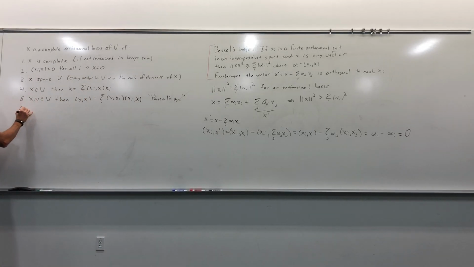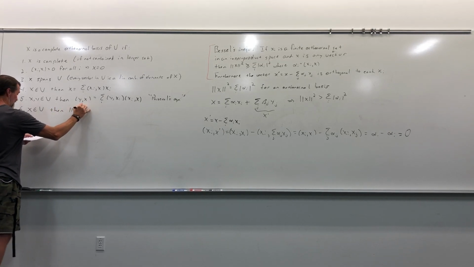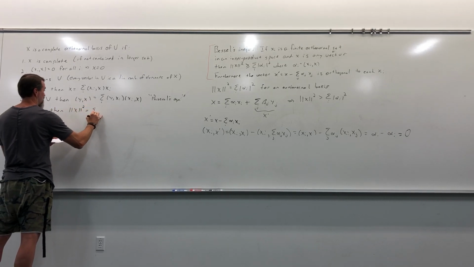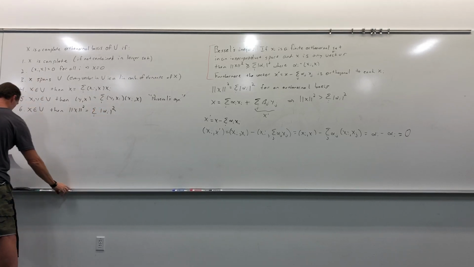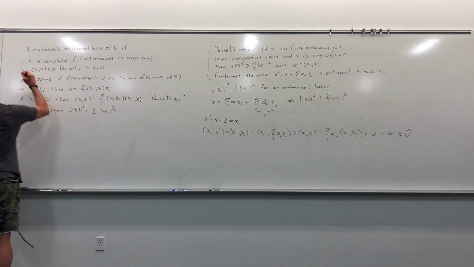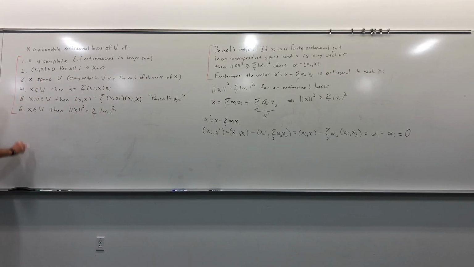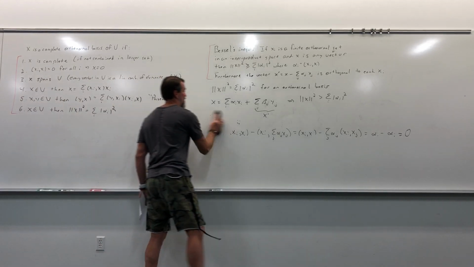And then last but not least, if X is in V, then the norm of X squared is equal to the sum over i of alpha i squared. Okay? Now these are all things that can be proven, but if any one of them is true, then they're all true. We're not really going to prove it, we're just going to go by example.